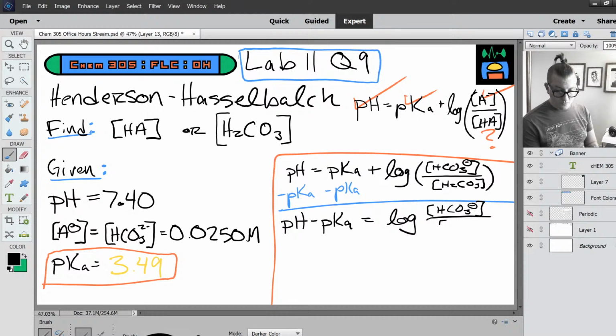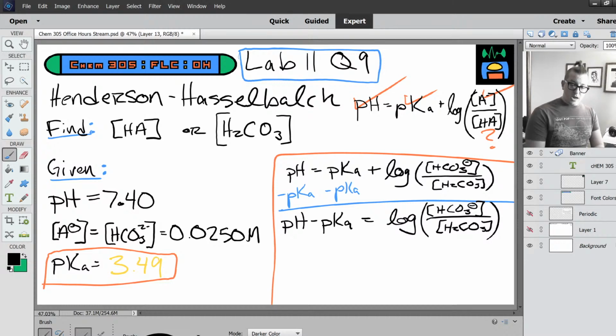Now we actually have values for both, so let's plug them in. Our pH is 7.40 minus our pKa, 3.49.